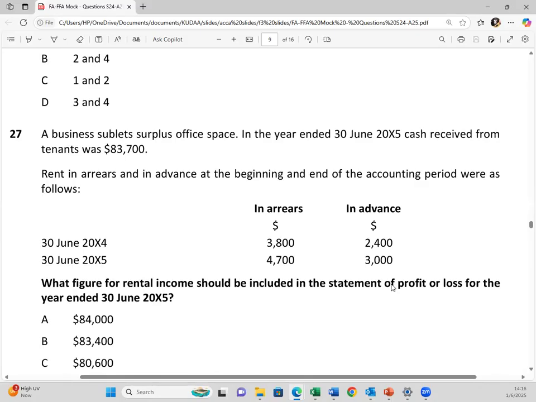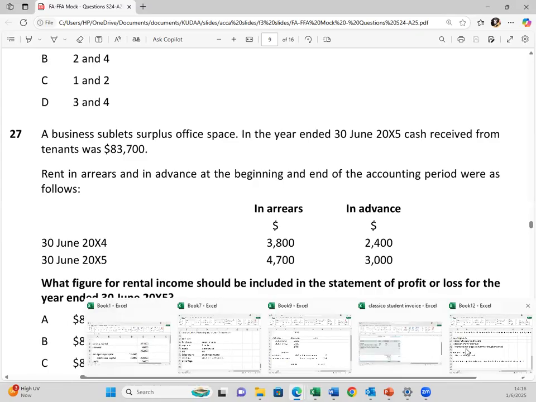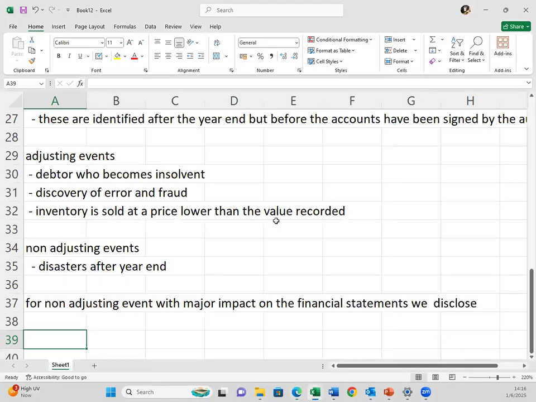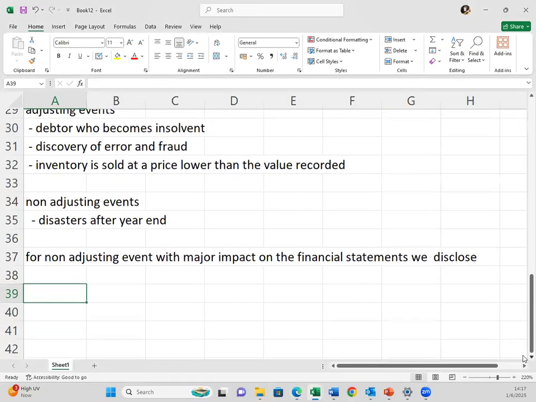So we are the landlord. We are the ones that are letting out the property. What figure for rental income should be included in the statement of profit or loss? So in this particular case, we are looking at ourselves as the landlord. So we want to calculate how much is the rent from the view of the landlord.